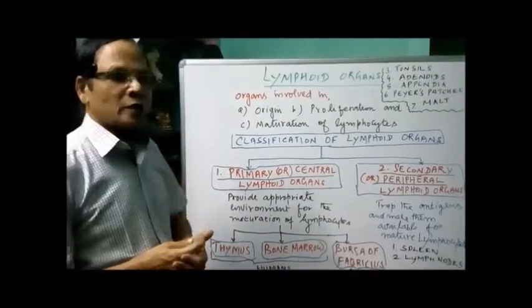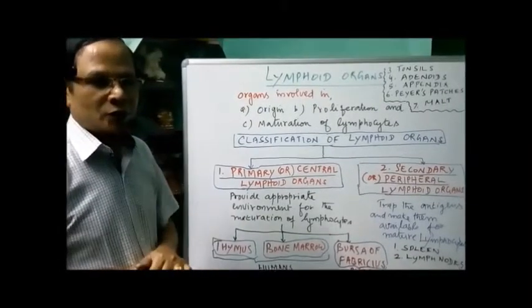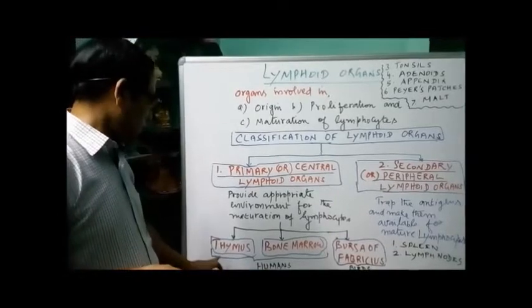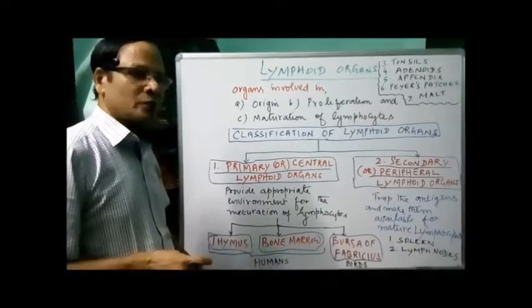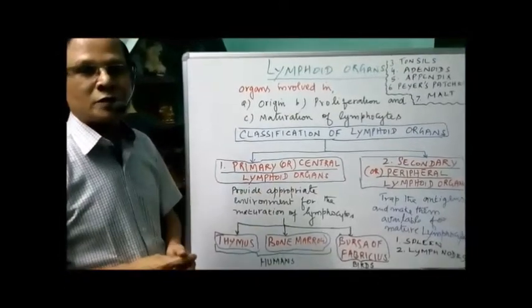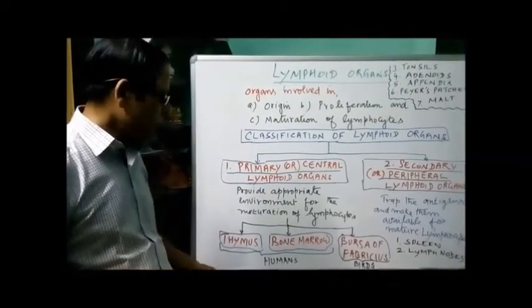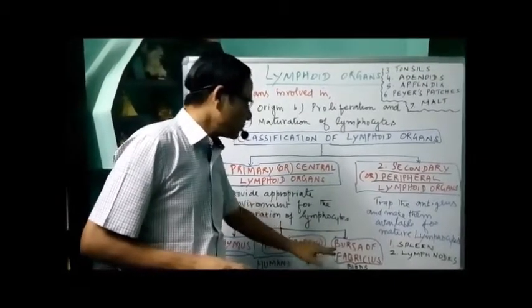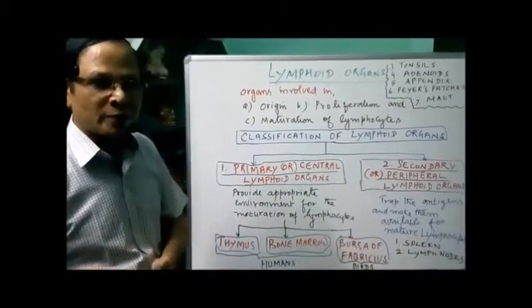Now, under this we have three major organs, two in human beings and one in the case of birds. Thymus and bone marrow, these two are the primary or central lymphoid organs in humans. Whereas in the case of birds, we have the bursa of Fabricius.